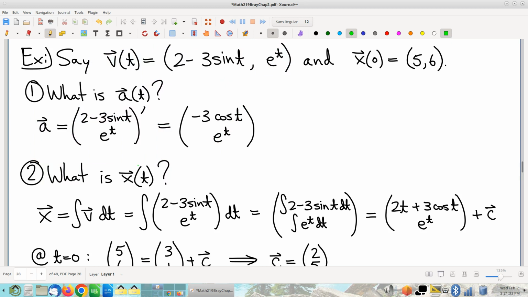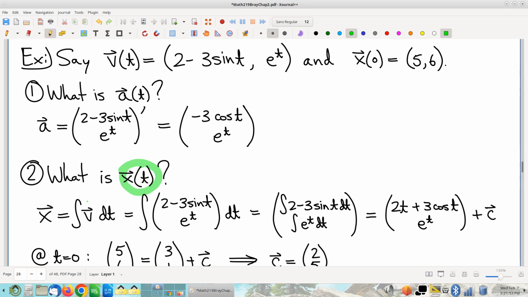So next step, how do you find position? Well, you have to think this through. We already know velocity is the derivative of position. So that means position is the antiderivative of velocity, right? Just like in the Calc 1 context.